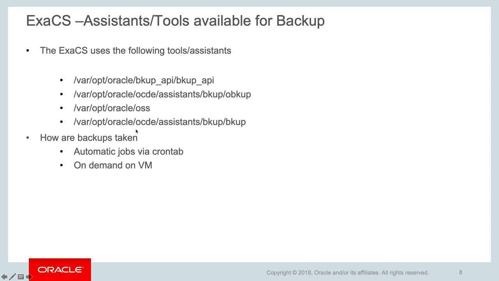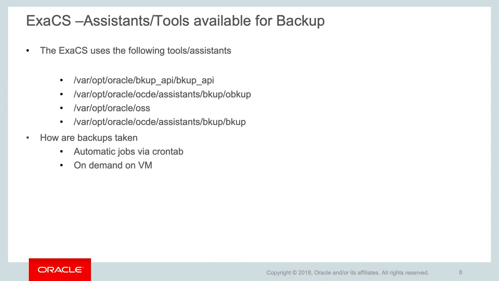How we take backups is two things: one is automatic jobs via crontab, and the other is on demand on a VM. Once you configure your backup configuration for a database, these things will kick in. Automatically the backup will be executed, and it will be a level 0 backup or an incremental backup depending on the backup policy in place.